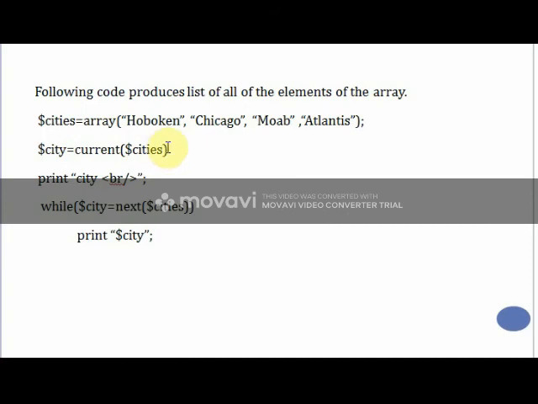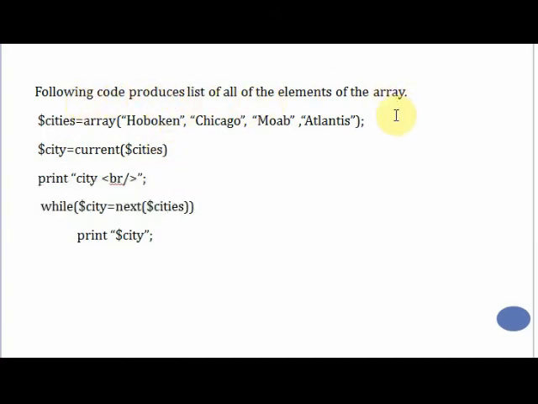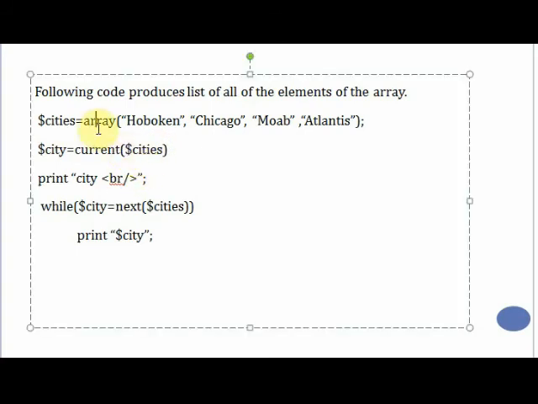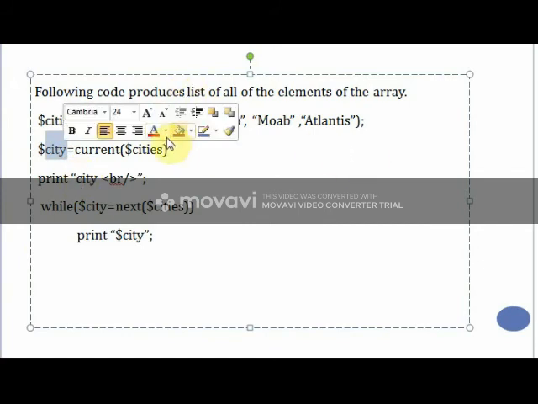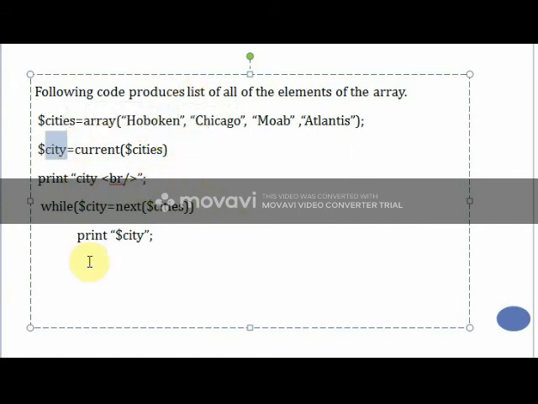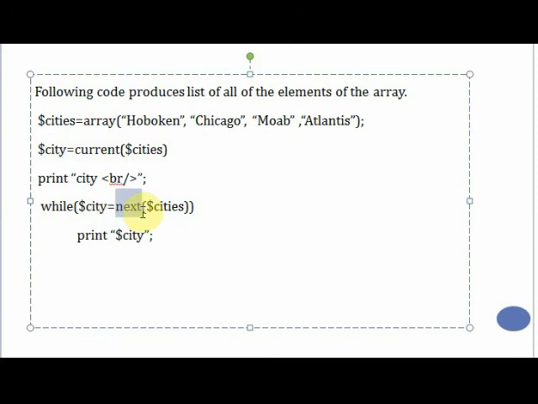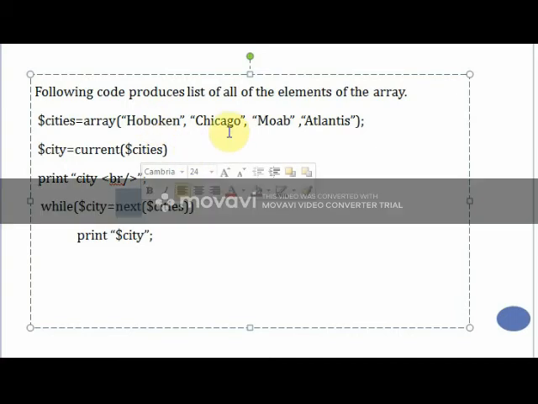We'll see an example here. The following code produces a list of all the elements. When the array is created, current will be pointing to the first element, so the variable city will have the first city, Hoboken. Then the next function: currently it was pointing to Hoboken, and next makes the pointer move to the next city, Chicago.